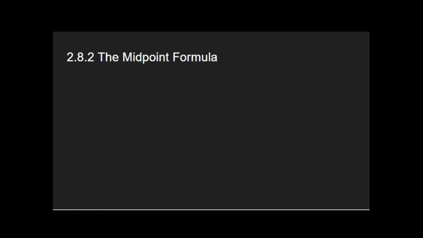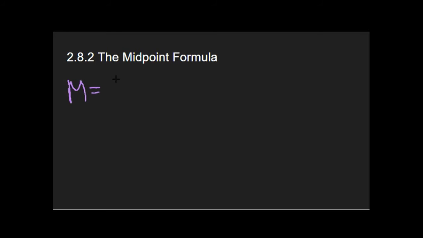The next concept is finding the midpoint. So this is 2.8.2. Now we know how to find the distance between 2 points, and we're going to then find the middle of that line on the graph. In order to do this, we plug into a formula that looks like this.